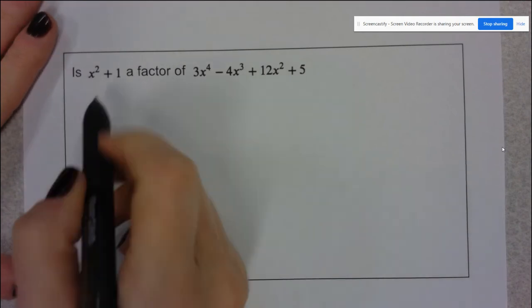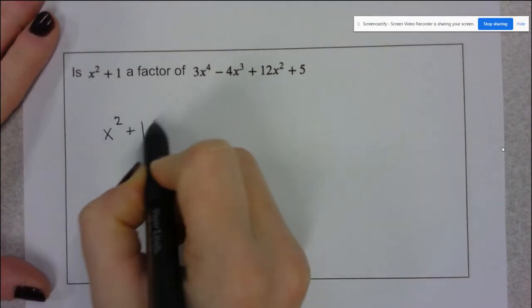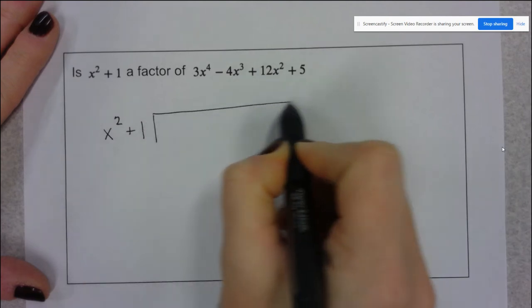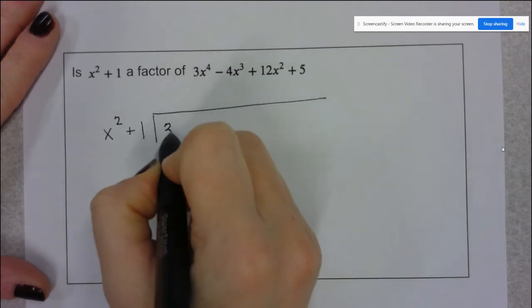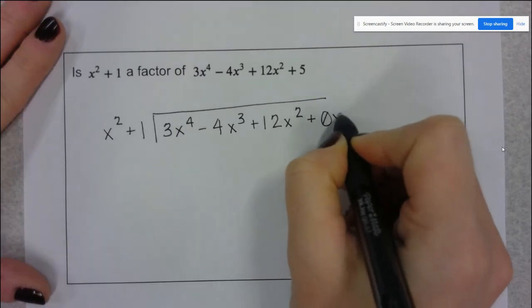So I'm going to start by putting x squared plus 1 outside. So I have 3x to the 4th minus 4x cubed plus 12x squared. I see that I do not have an x term, so I'm going to put plus 0x there.